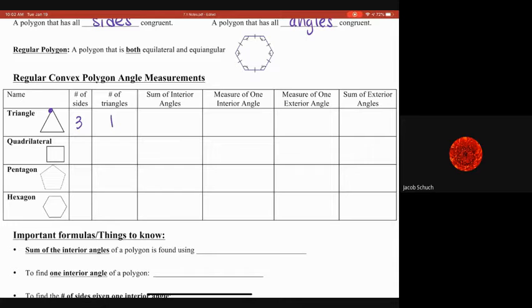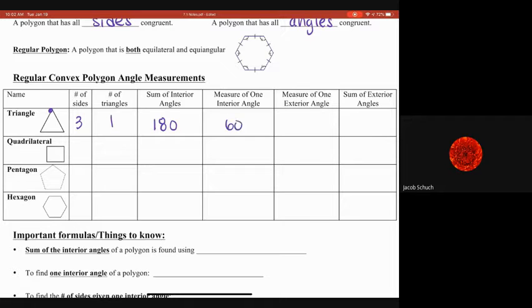The sum of the interior angles. Who remembers that? We learned that a chapter or 2 ago. 180 degrees. So all the time, the interior angles of a triangle add to be 180. The measure of one interior angle. Now this is talking specifically about regular polygons. That means equilateral, equiangular. So who remembers what it is? Trey? 60.